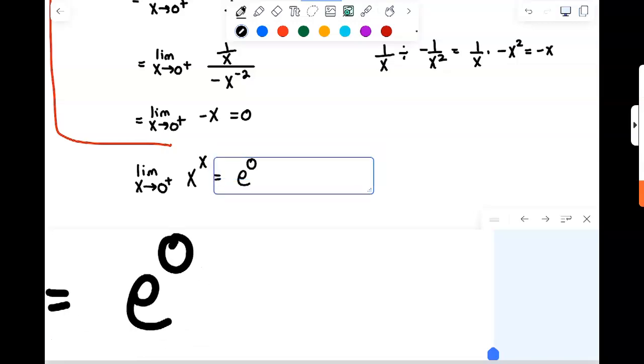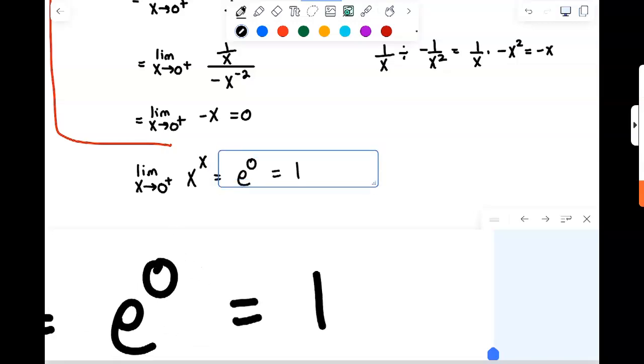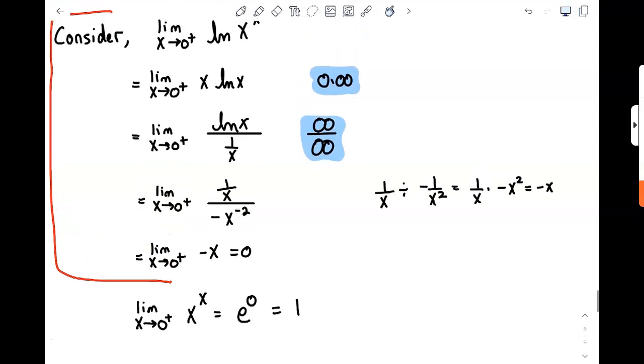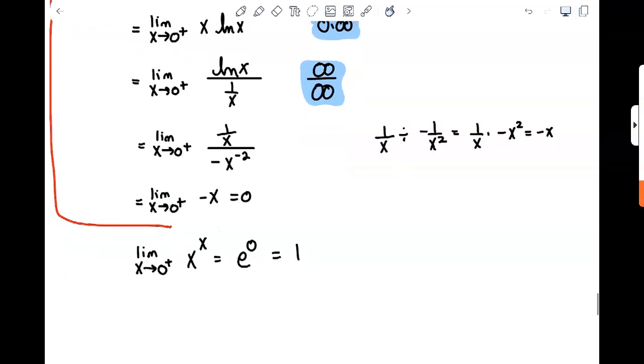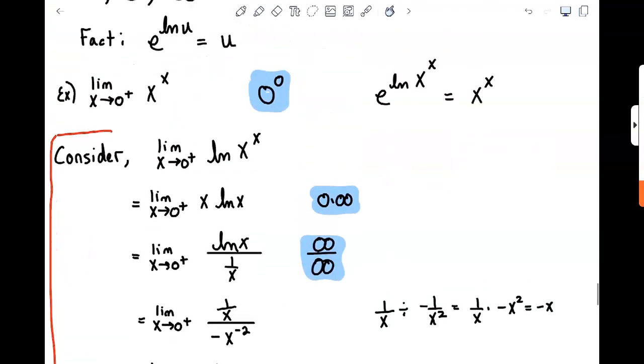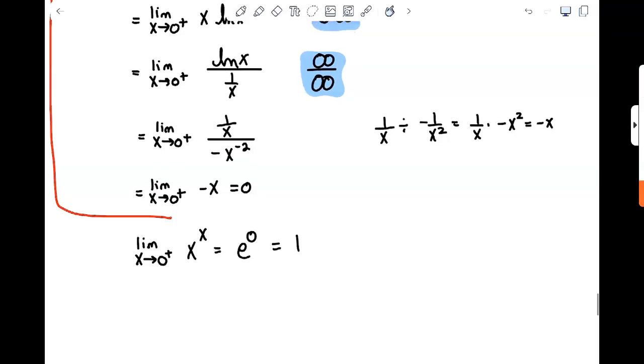In this case, it's e to the 0, which is 1. And so now we've worked out our first indeterminate form that involved an exponential limit. It was a 0 to the 0 limit, which in this case turned out to be 1. So the x to the x function, as x goes to 0, actually approaches 1.